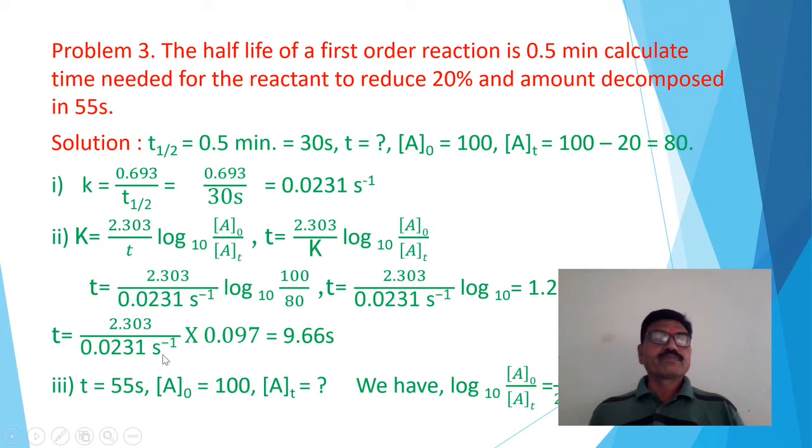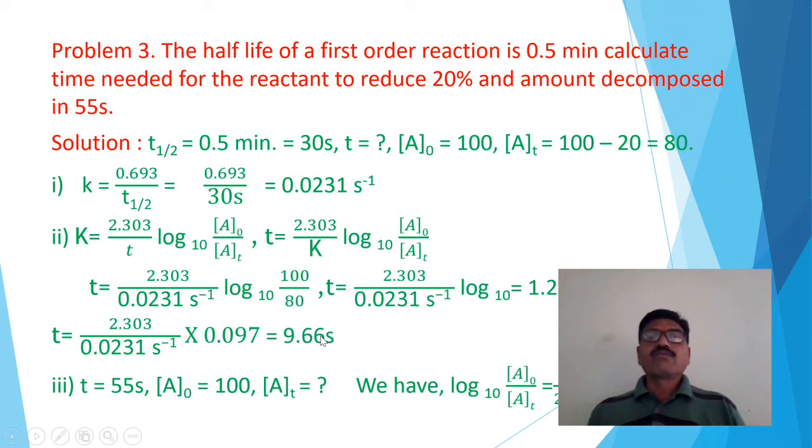Put this value by calculation. You can solve with the help of log of this minus log of this. So this is equal to 9.66 seconds. That is the time, in seconds. We will get like this.